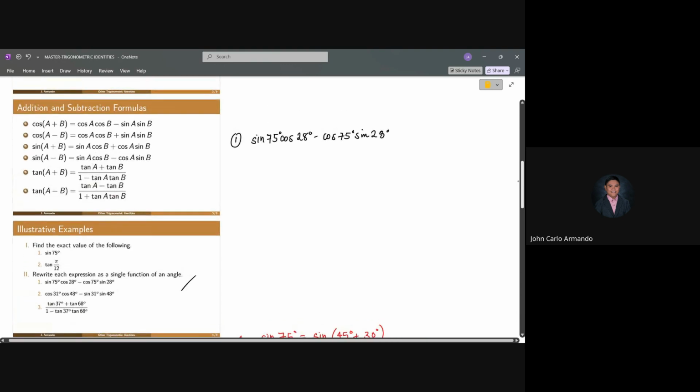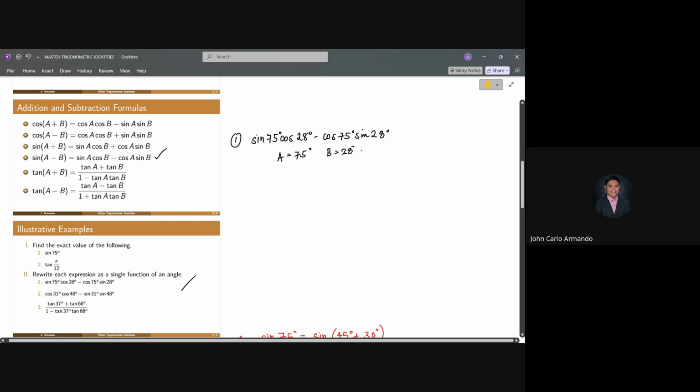You just simply observe that this one is similar to number 4, sine A minus B, because sine A cos B minus cos A sine B. This means that your A is 75 and your B here is 28.